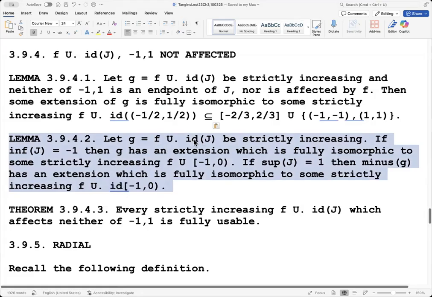From this, we immediately get that if J actually does have an endpoint of minus one or one, then we have full usability, because we have the old theorem in the stability of usability that full usability is preserved under full isomorphism, and it's also preserved under taking minus. In other words, G is fully usable if and only if minus of G is fully usable.